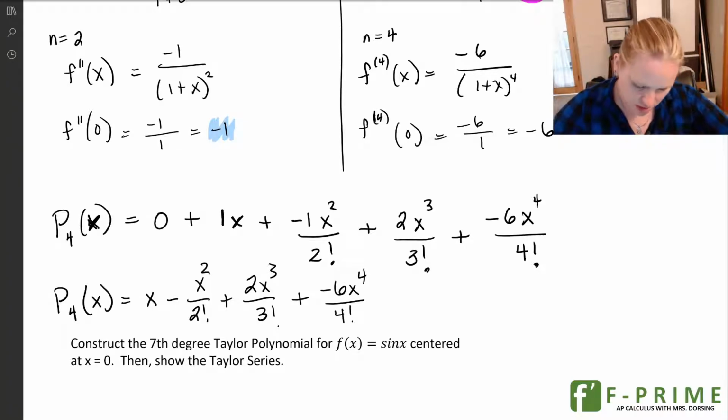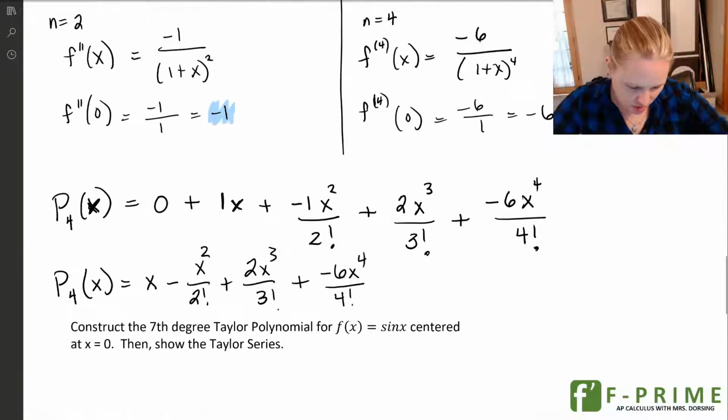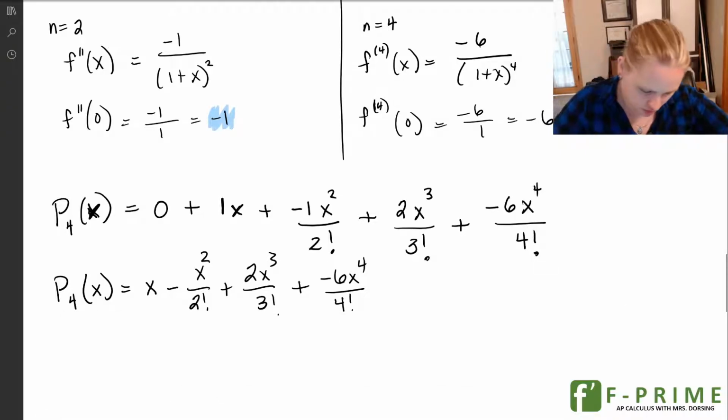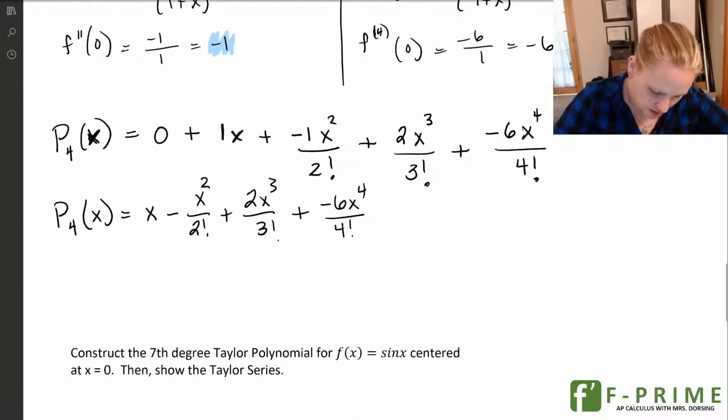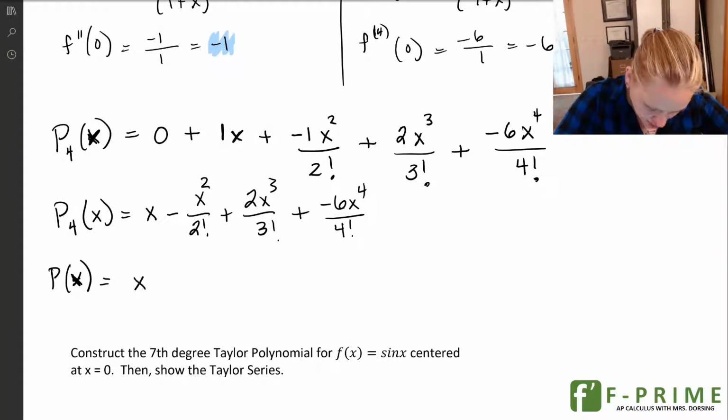Now suppose we did want to write this and kind of turn it into a Taylor series. Here's kind of how I would deal with that. Let's get ourselves a little more room. If I wanted to write the series, what I might consider doing is saying, well, I'm going to take this polynomial and I'm going to write out the factorials. I'm going to have x squared over 2.